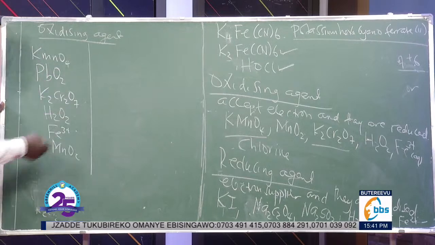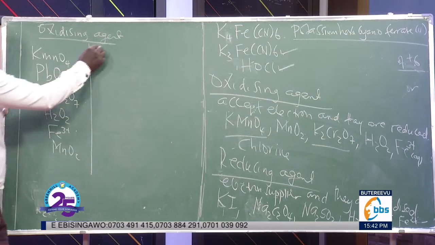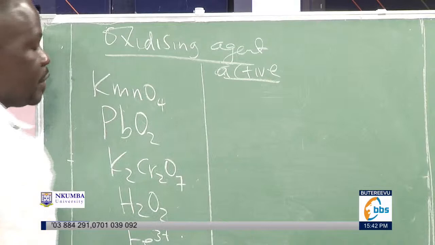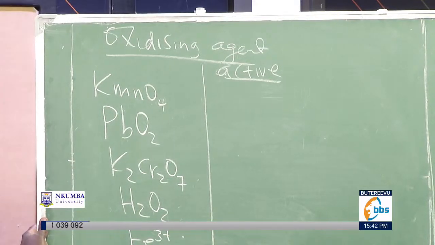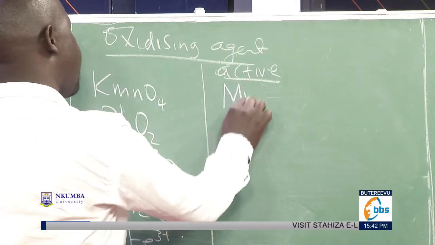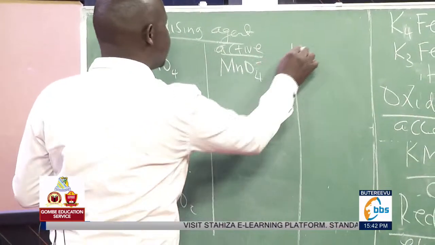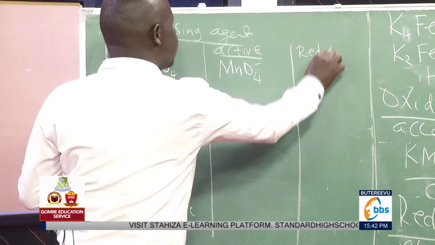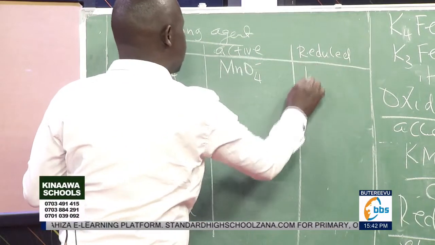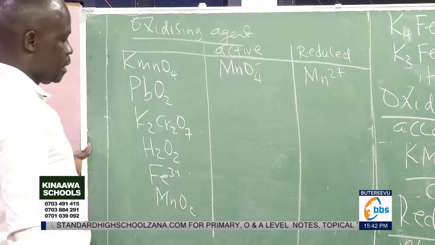Now in these oxidizing agents, we have species which are active species. Like when you are taught to write a half equation, you are supposed to get the active species. In potassium manganate, the active species is what? It is the manganate, and the manganate is being reduced to manganese 2 ions.